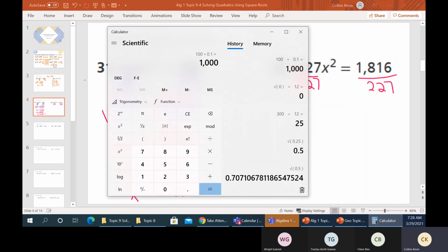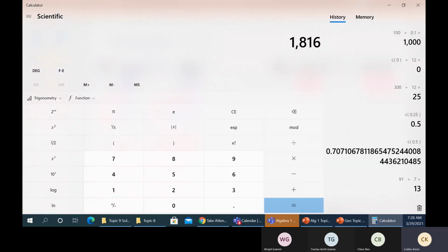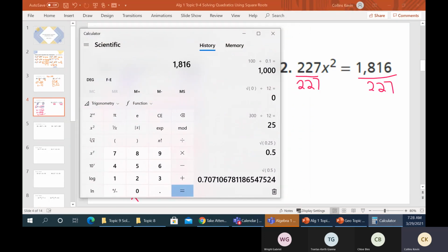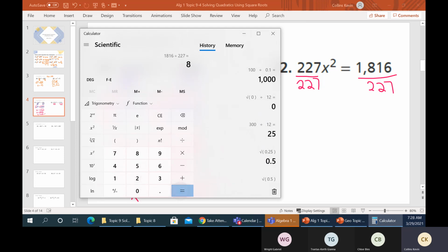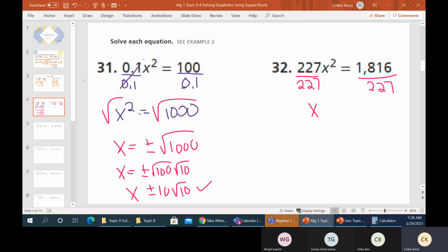So we've got 16 divided by 2, so it's 8. So we get x squared equals 8.